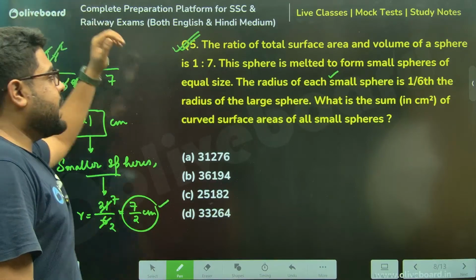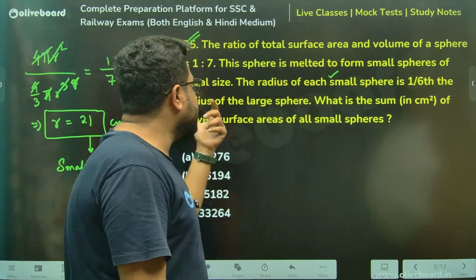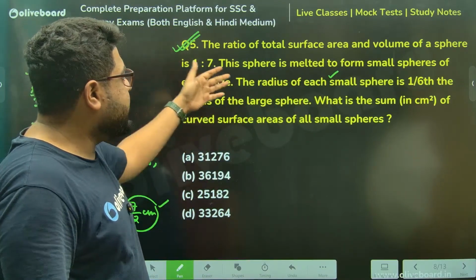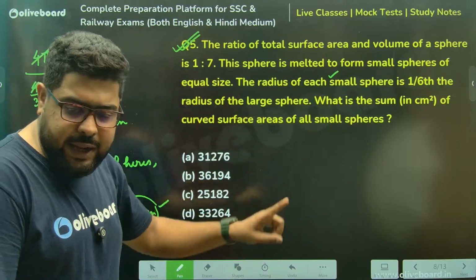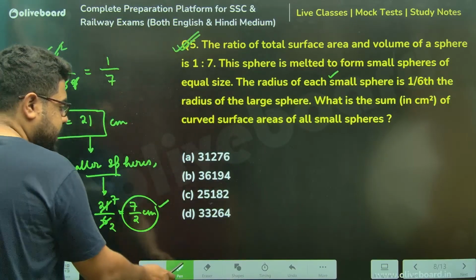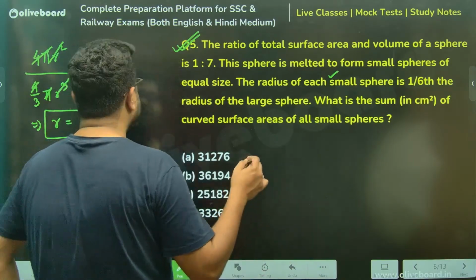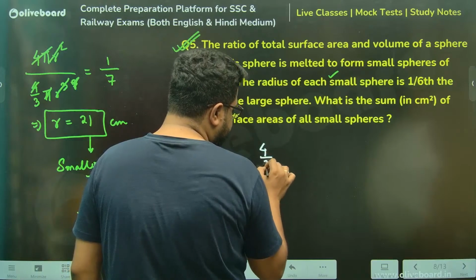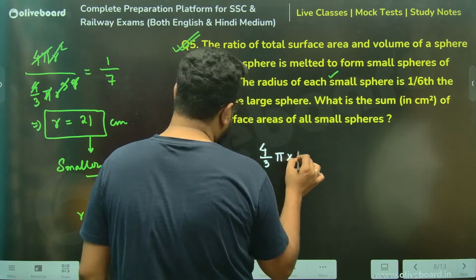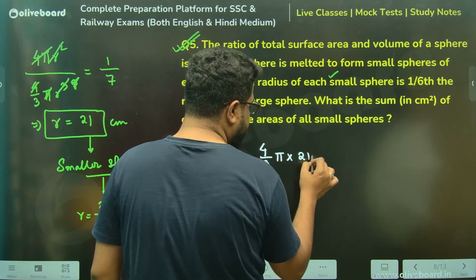Now the sphere is melted to form small spheres of this size. First I need to find how many smaller spheres I'll get. The volume will be 4/3 pi r cube, where r cube is 21 cube.